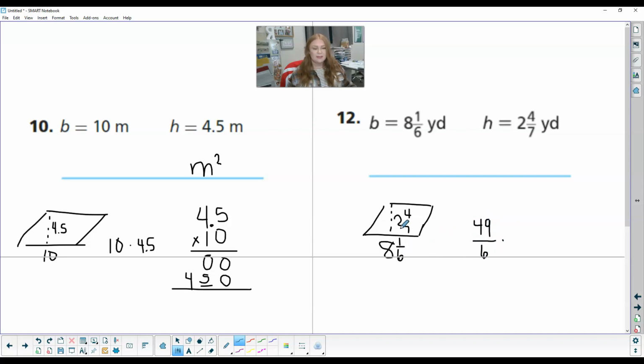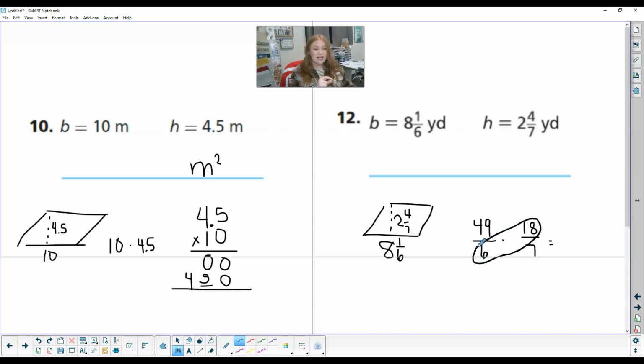And I'm going to multiply that by 14 plus 4 is 18 over 7. Now I can do 49 times 18, but I can make my life a lot easier if I simplify first.